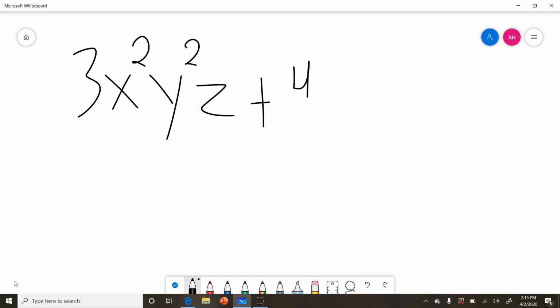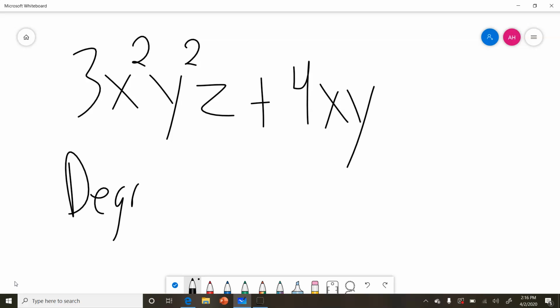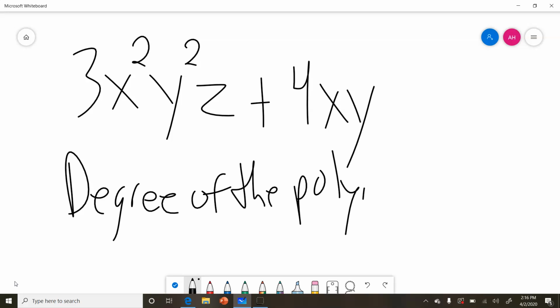Keep going. Other thing we did is we have a term that looks like this: 3x squared y squared z plus 4xy. Do you remember what we called the degree of the polynomial? It's been a long time, so if not, that's okay. The way we do that is we count.